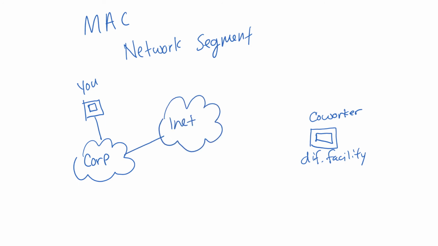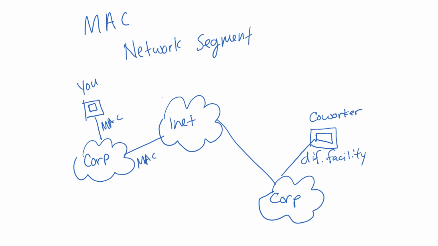Then the internet, then down to your coworker's corporate network, and finally to your coworker's computer. Well, the MAC address is only going to exist here, and depending on how your corporate network is set up, it may exist here, but this router at the edge of the internet and your corporate network is going to strip the MAC address. MAC addresses are not allowed on the internet.